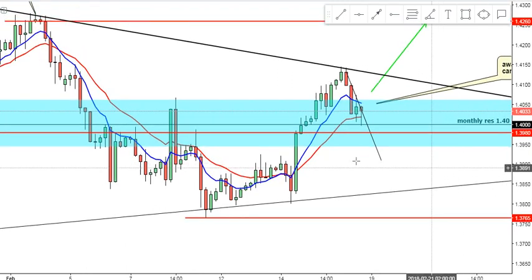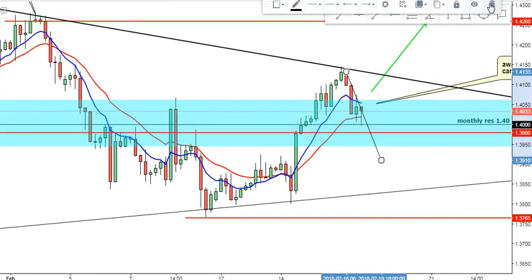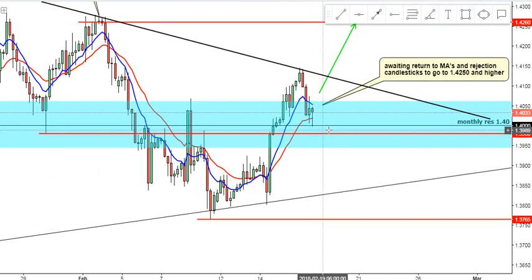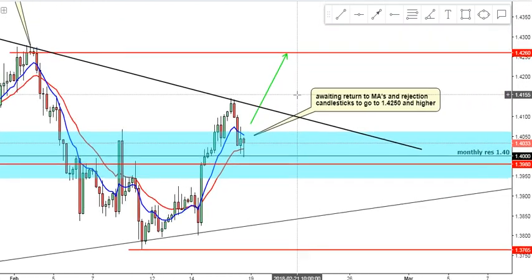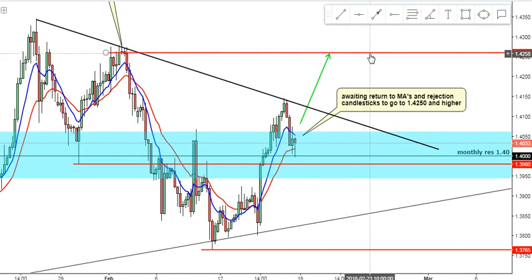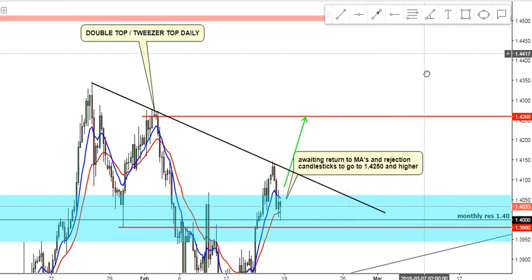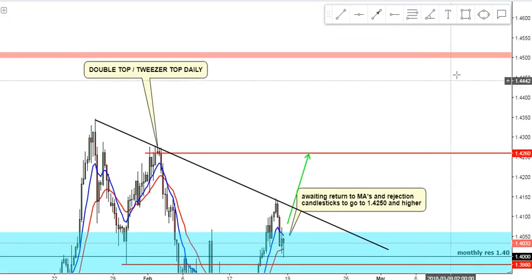Looking for the price to go back down, retest this red line as a new support, and create a new counter trend line so we can get past it, and then finally break this thicker counter trend line to go back to this level, 1.425, and when it breaks that, we're looking for new highs to 1.45.